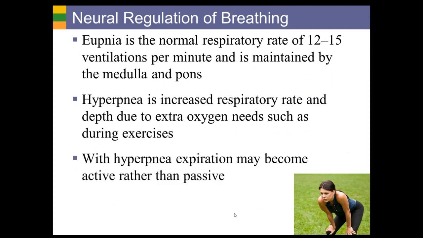With hyperpnea, we can move from expiration that is passive to expiration that is active. During eupnea, expiration should be completely passive as muscles just relax. With hyperpnea, expiration often becomes active as muscles contract to decrease the size of the thoracic cavity.